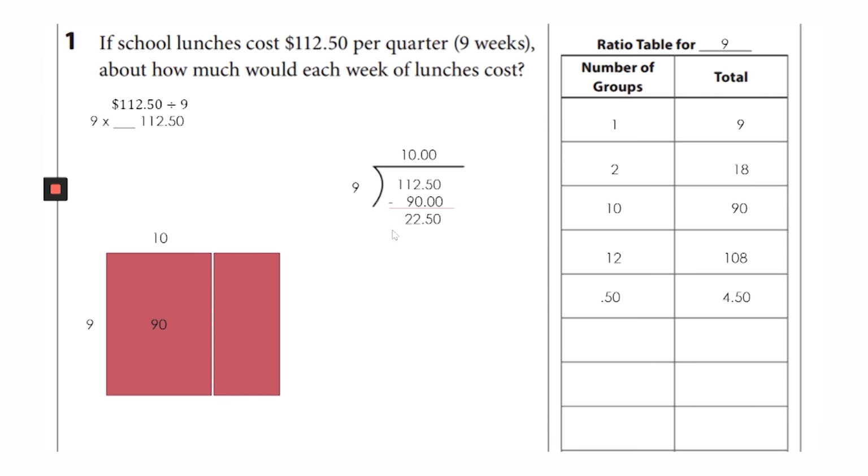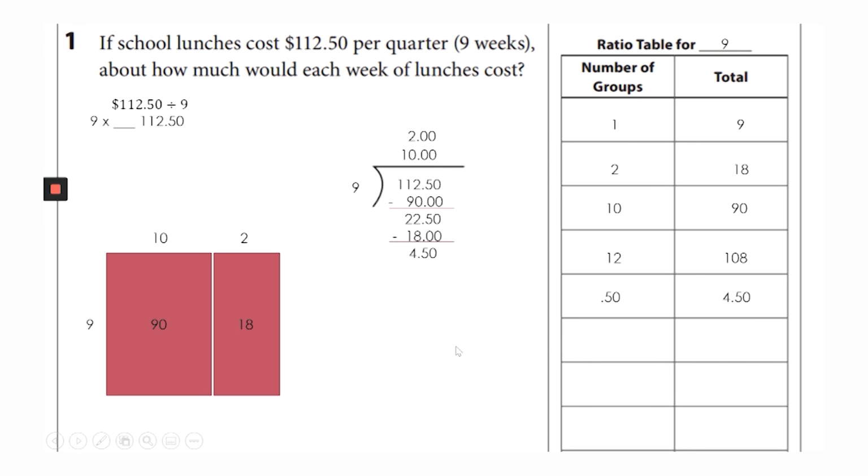Okay. So then the next step that really helped us was 9 times 2, because we added those two together, remember? 9 times 2 is 18, keeping track over here. Take it away. And we have $4.50 left over to divide up.